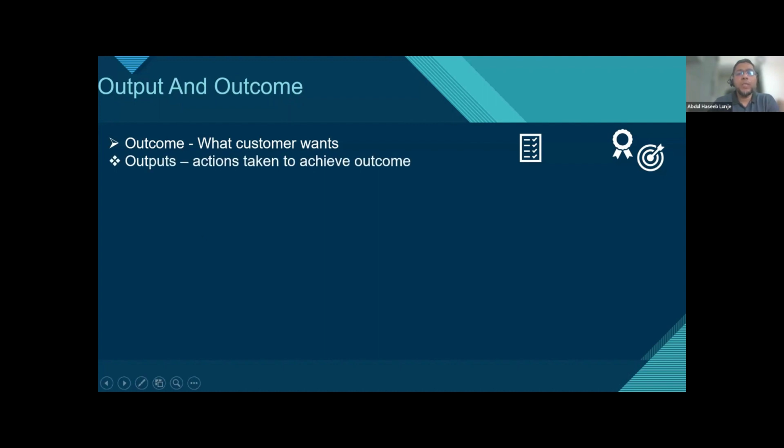And outputs are those things, the actions we take to achieve the outcome. And activities are those tasks which we execute, which we perform to achieve the output.